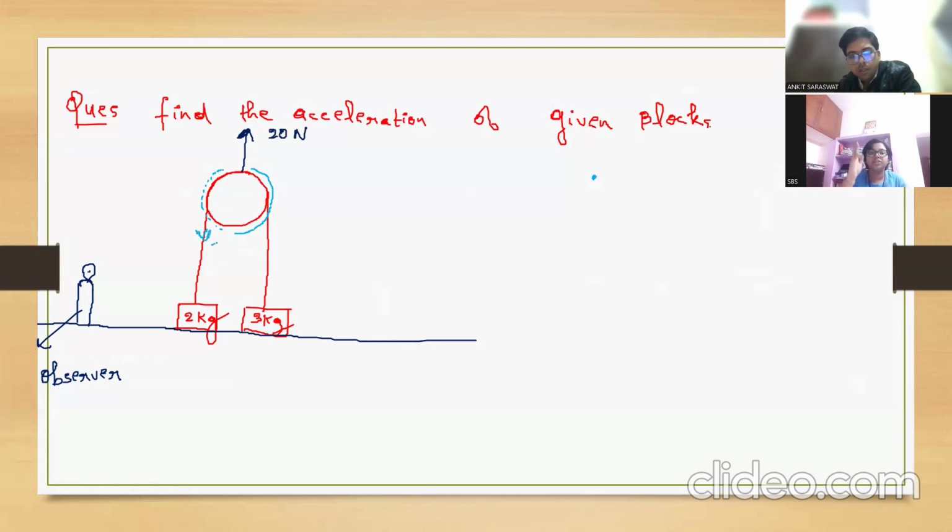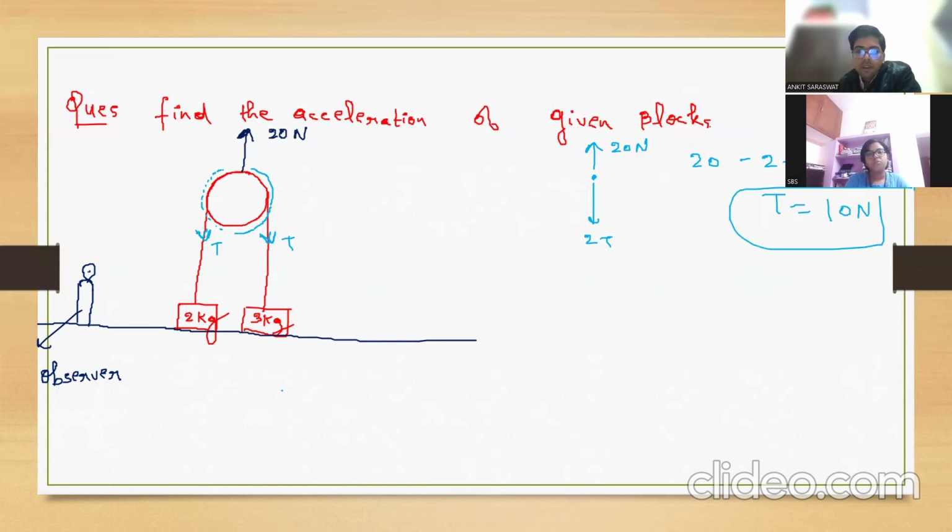Force upwards, tension downwards, T and T, so 2T downwards, and force 20 is up. If you ask me, please find the tension in the string: 20 is up, 2T is down, mass of pulley is negligible, so the net force is 0. So we can say tension in the string is 10 Newton.